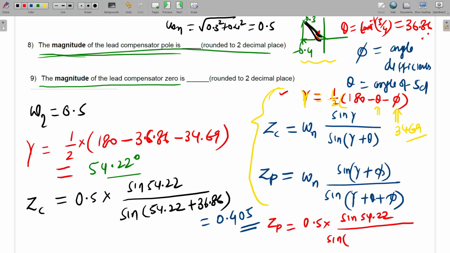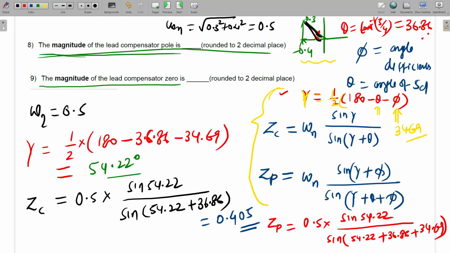Gamma is 54.22, plus theta 36.86, plus phi 34.69.